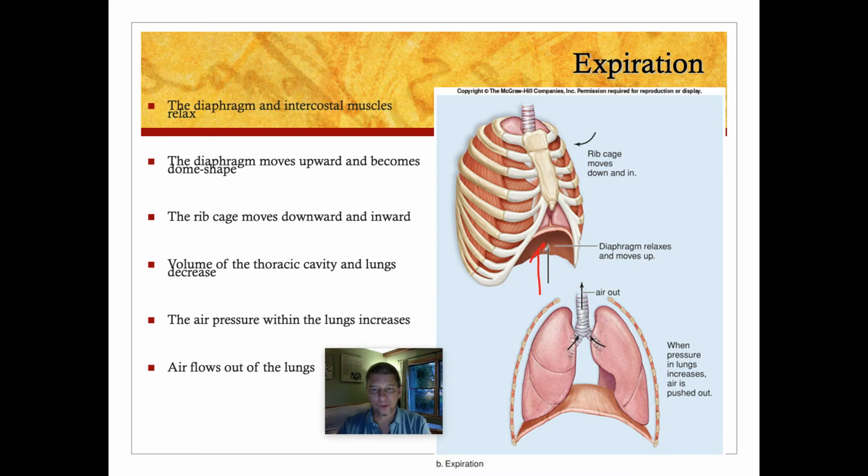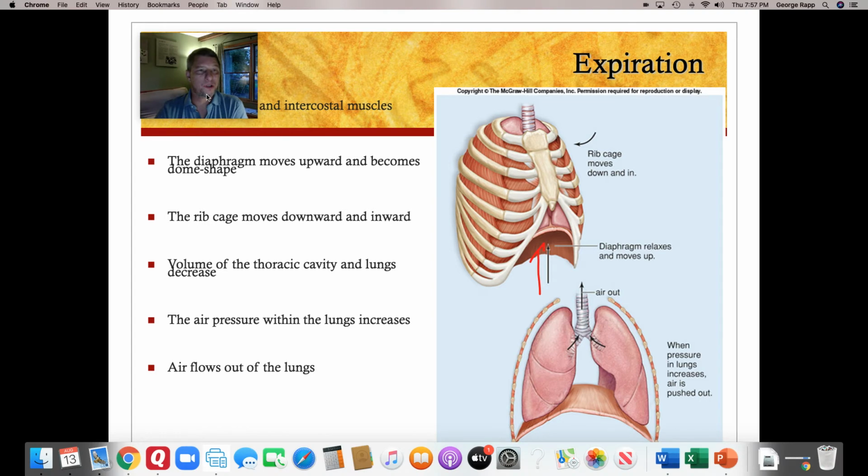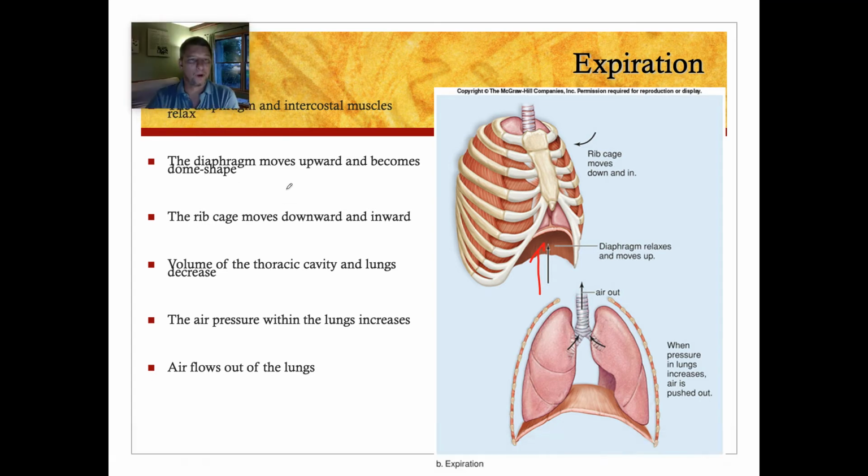So the diaphragm's moving back up, and the intercostal muscles relax, which causes the rib cage to shrink back down. And so that's the first set of steps here. So the muscles relax, and the rib cage kind of contracts as this happens.